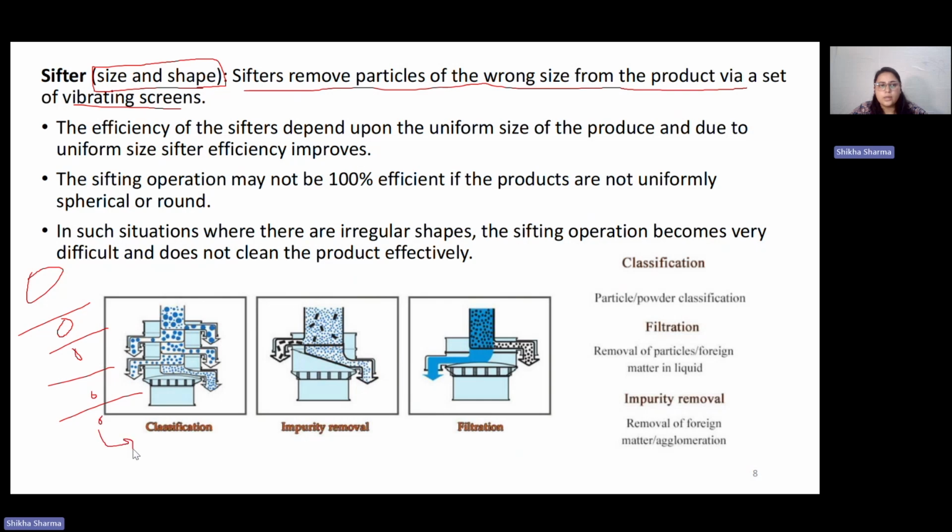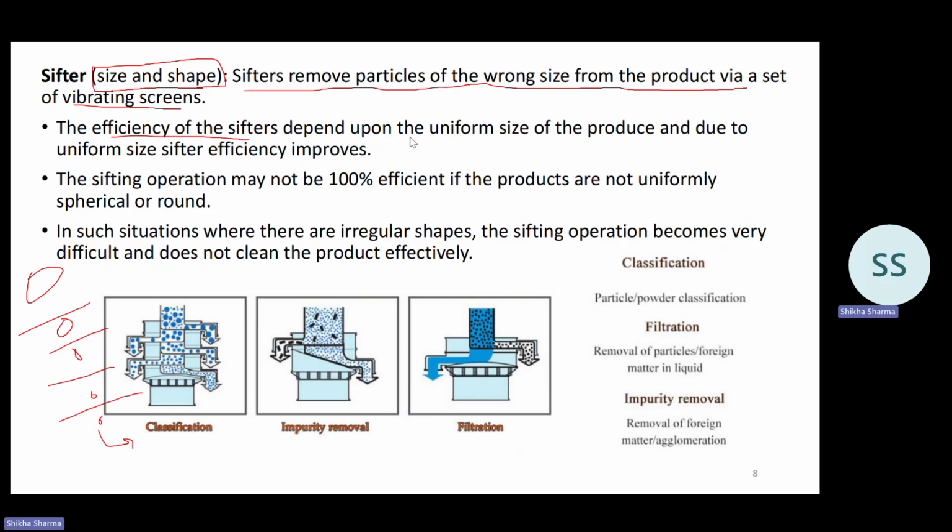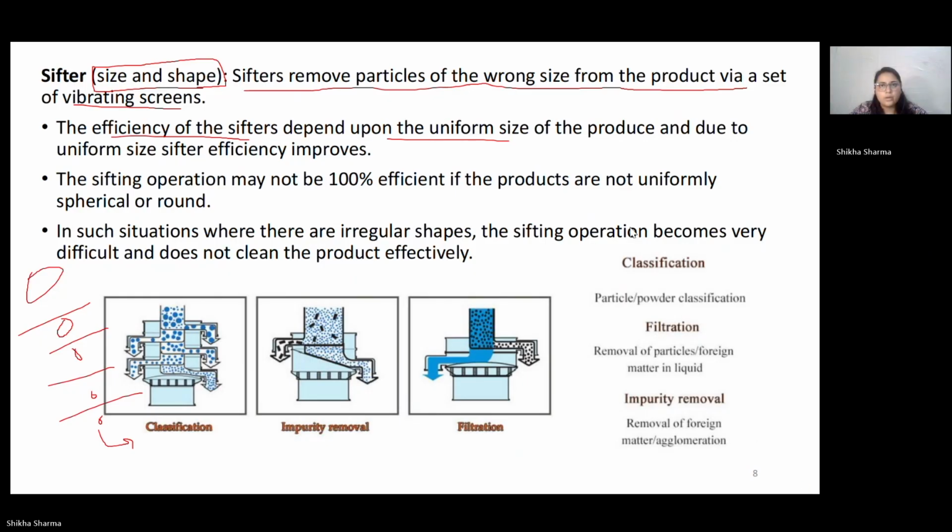very fine particles come from the last sieve. The efficiency of sifters depends upon the uniform size of the produce, and due to uniform size, sifter efficiency improves. If the size of the product is uniform, the sifting is more efficient and better.